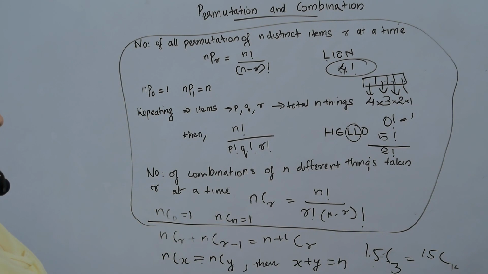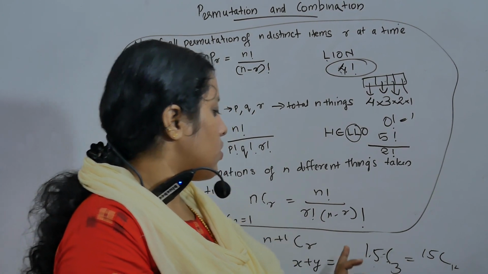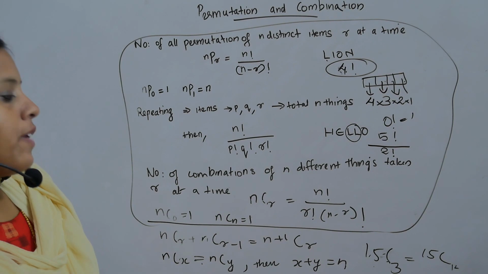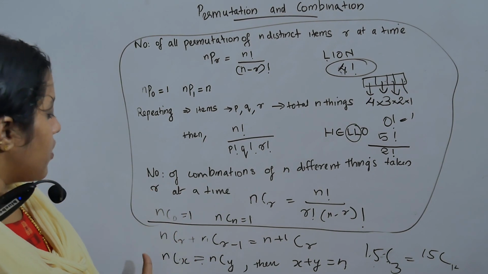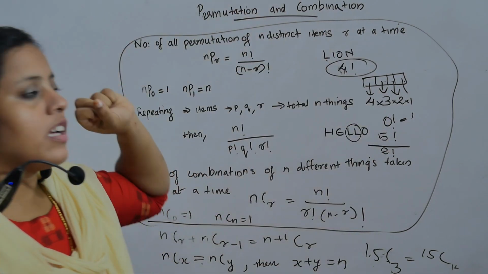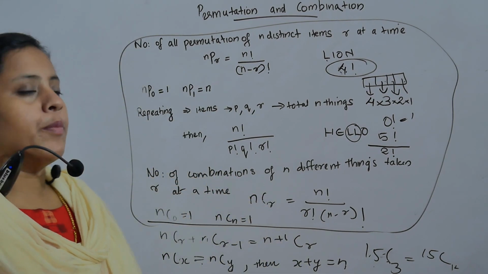Then this means x plus y is equal to n. That is 3 plus 12 is equal to 15. You will have problems to find the value of x, n, y, and in that case you can use this one. So learn these formulas by heart, then you'll be able to solve most of the questions from permutation.